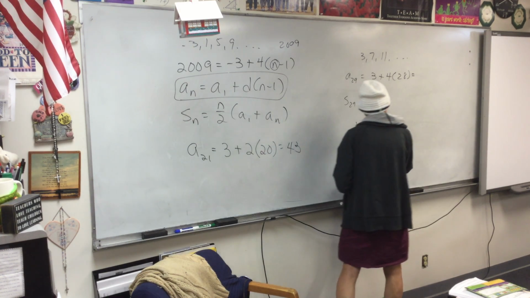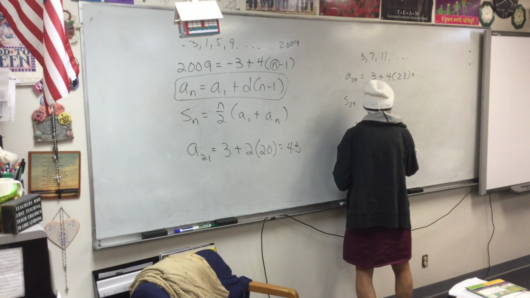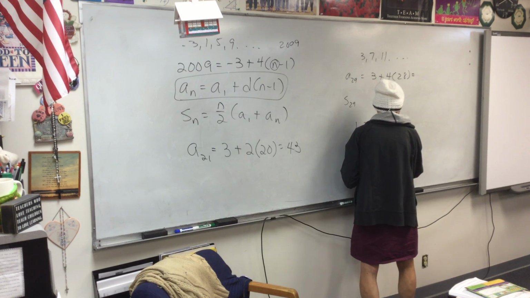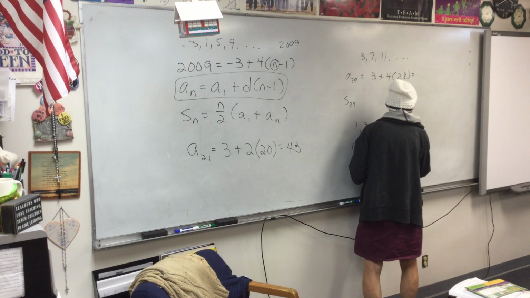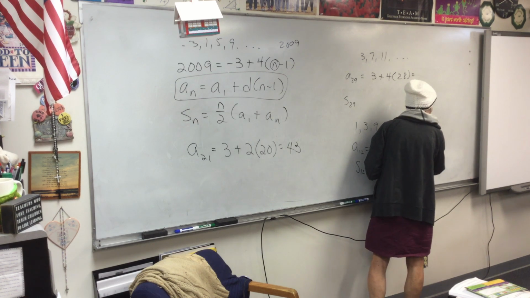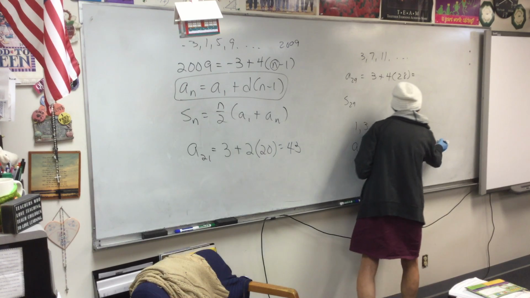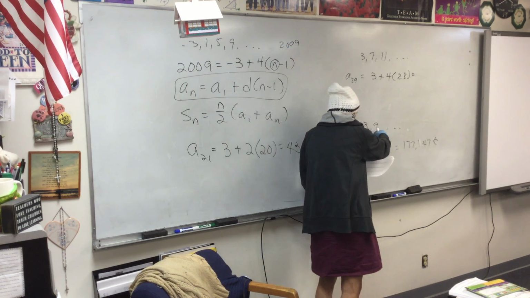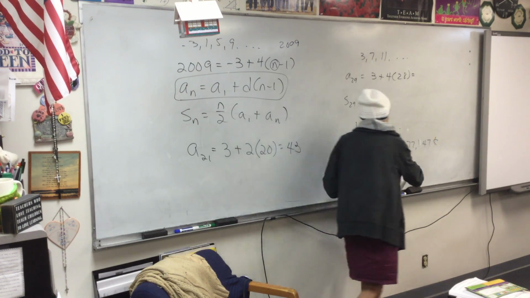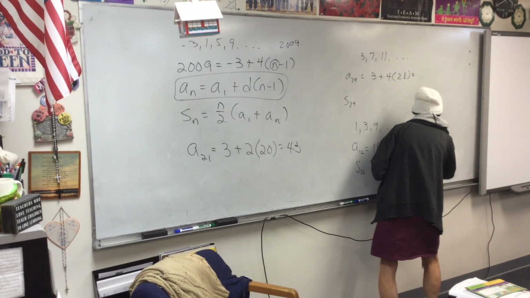Hannah, what is it? 177147. Yeah, the unit on that would be cents, because when I set my sequence up, wasn't that cents? Oh, whoa, whoa, stop. That's not cents, that's dimes.